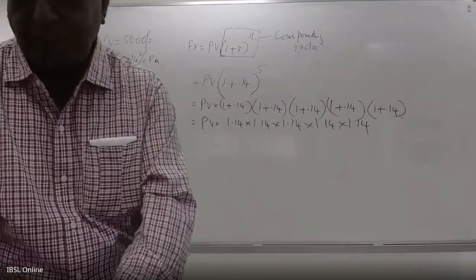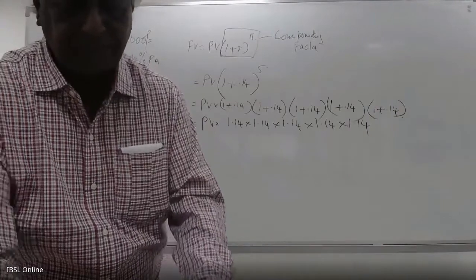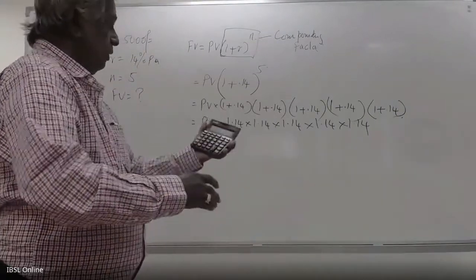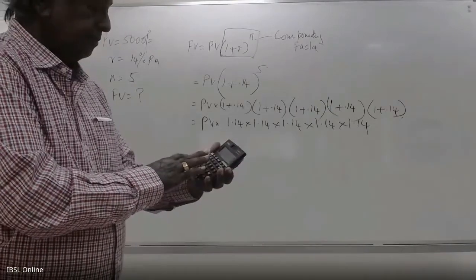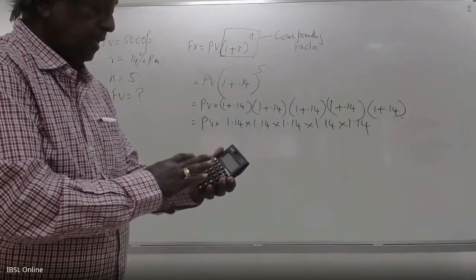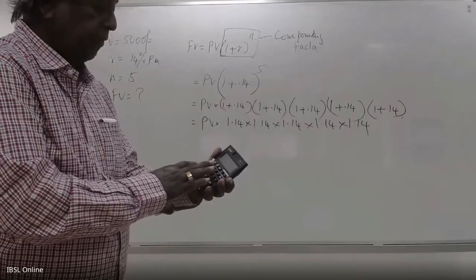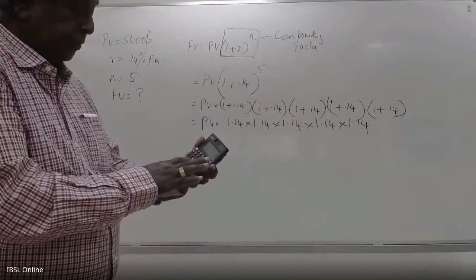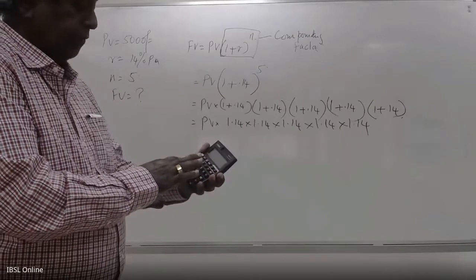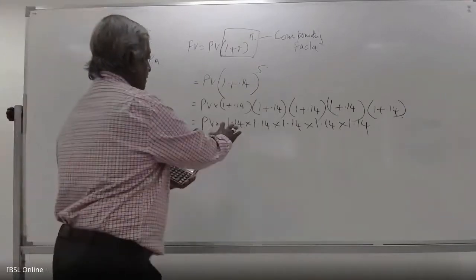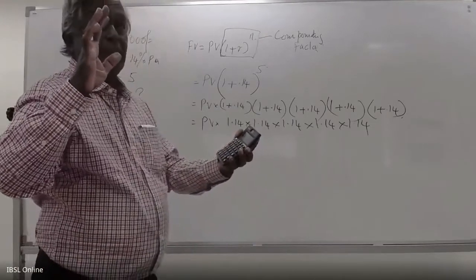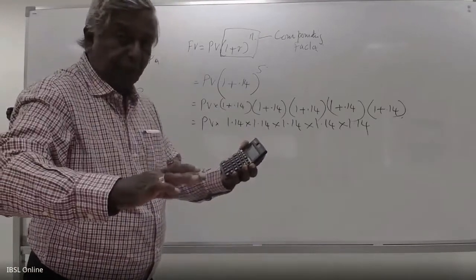So we use the calculator. Clear? 1.14 into 1.14, 2 times, equal. Then again multiply.